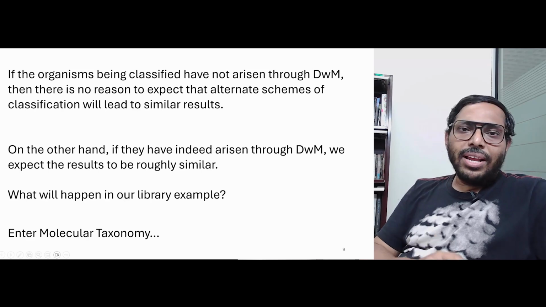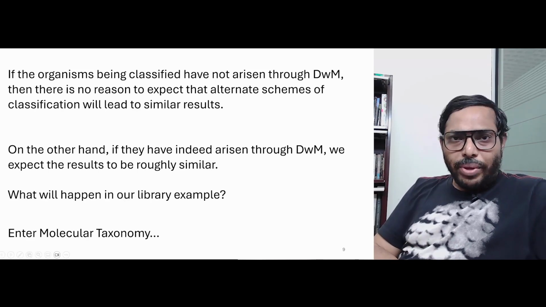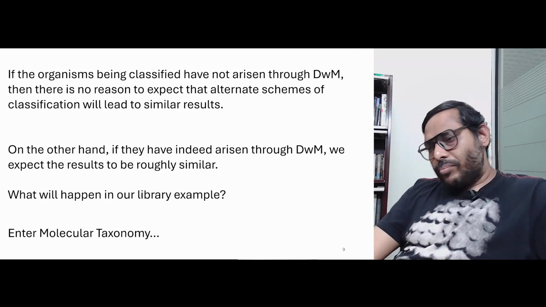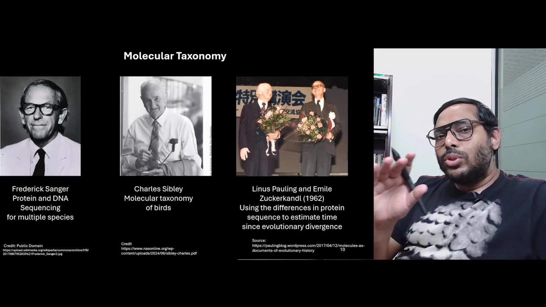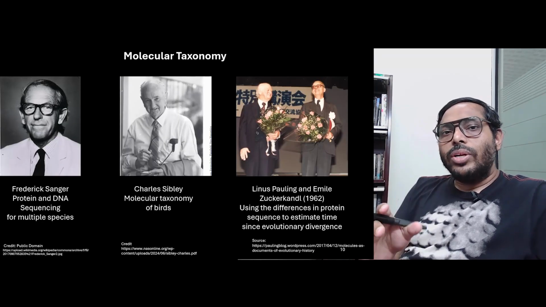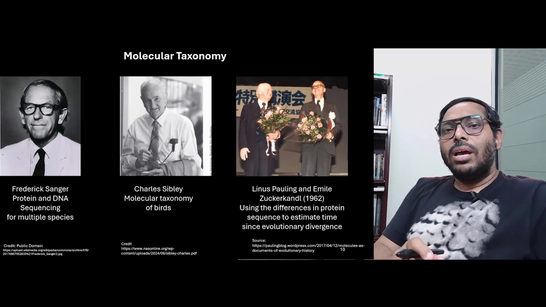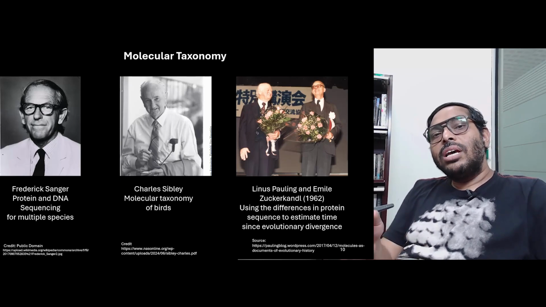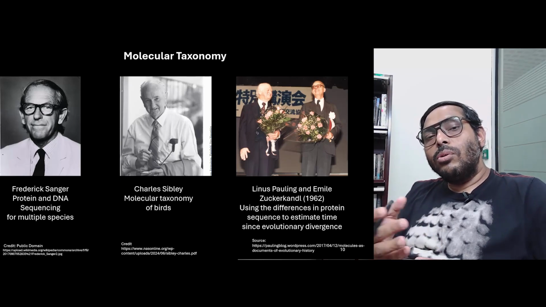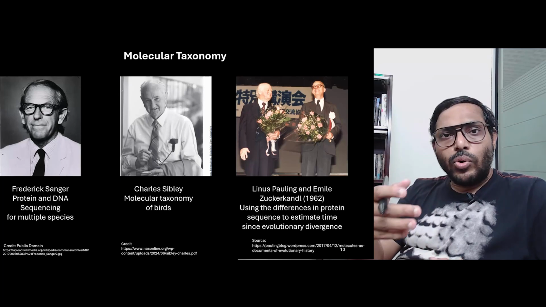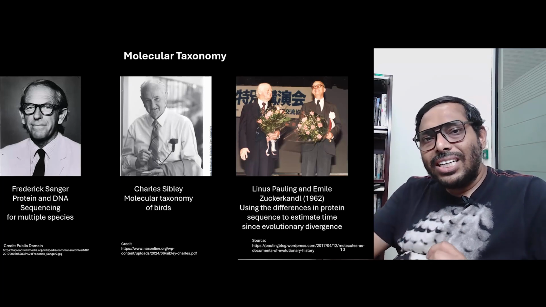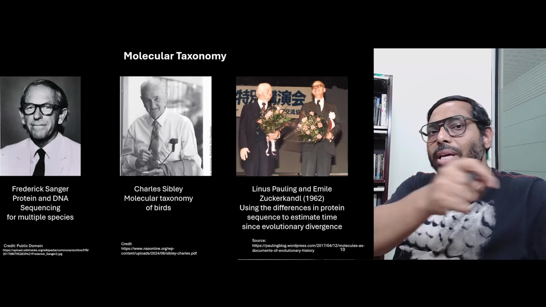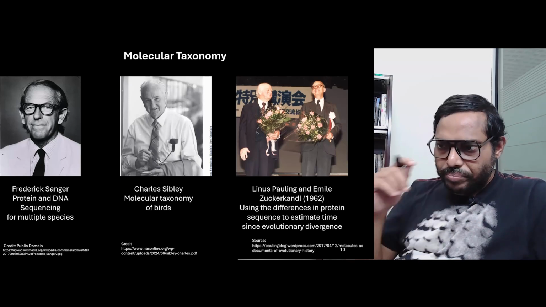And this is where molecular taxonomy enters. So, if you remember, when we were dealing with the history of the subject, we said that as soon as people figured out how to sequence proteins and how to sequence genes, one of the first things that they did was they ended up trying to sequence proteins and genes from other species and then trying to figure out what are the relationships between those organisms based on those sequences, right.